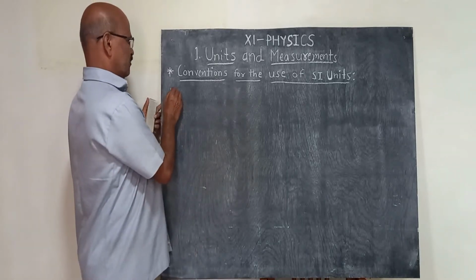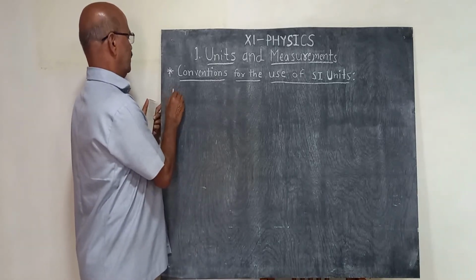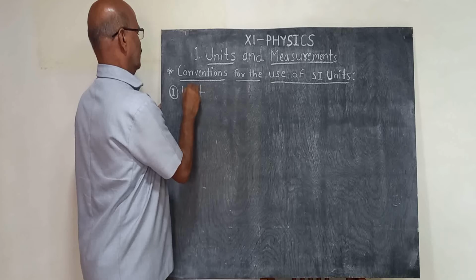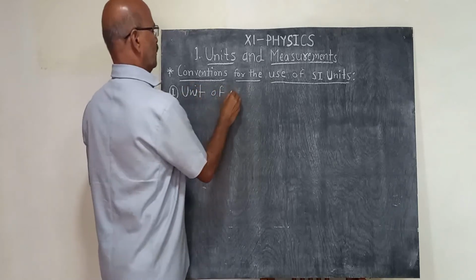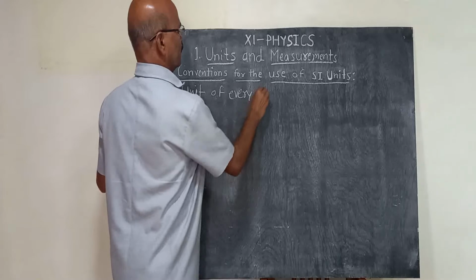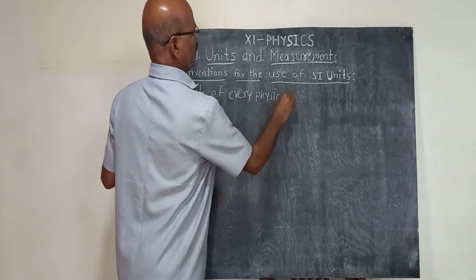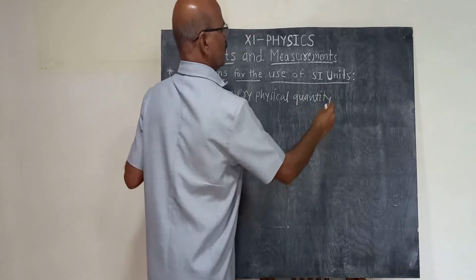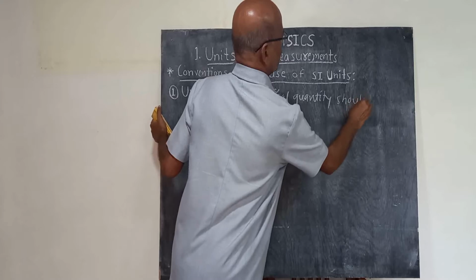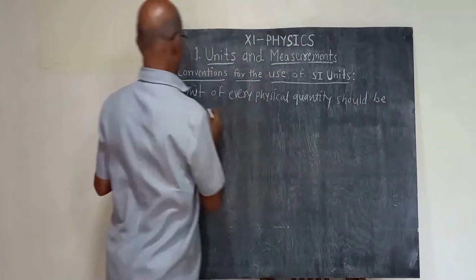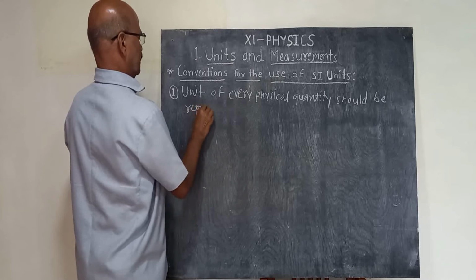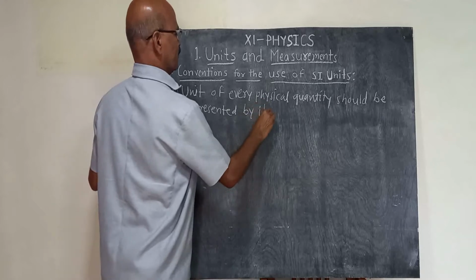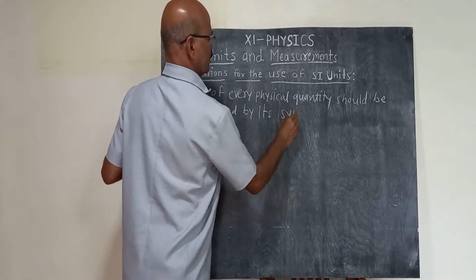The first convention for the use of SI units is that the unit of every physical quantity should be represented by its symbol.